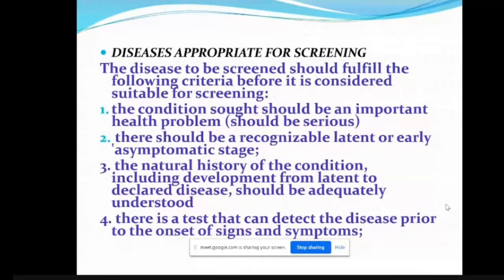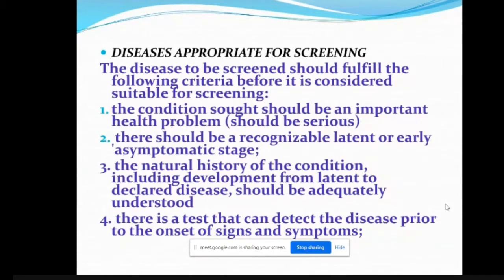Of course, not all diseases are appropriate for screening, and there are certain criteria that should be available to consider a disease appropriate for screening. First, the condition or health problem should be serious in terms of morbidity and mortality.